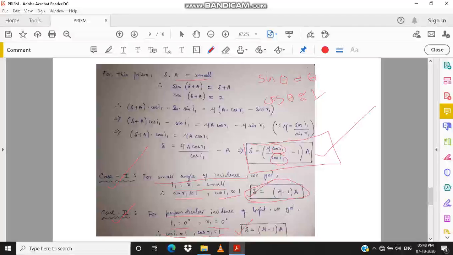For a thin prism, you will say that it is independent of the angle of incidence, right? Now what we conclude is that the value of delta is, most of the time, the same. The result will be the same, that is delta is equal to mu minus 1 into A. This result will be constant for many values of A.